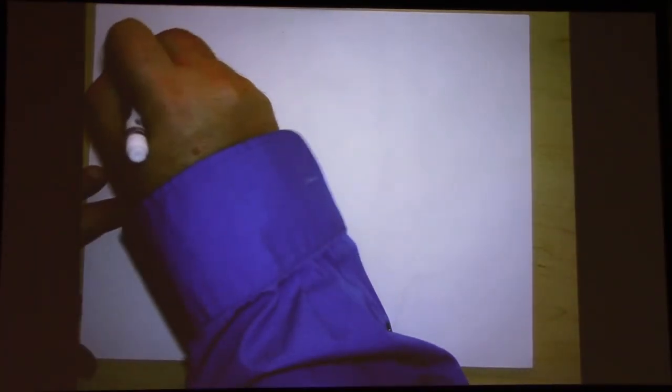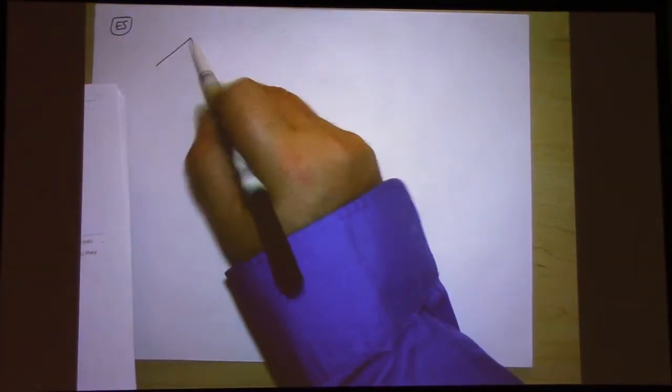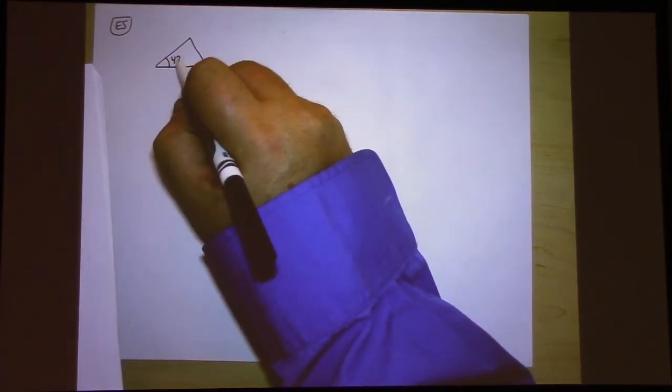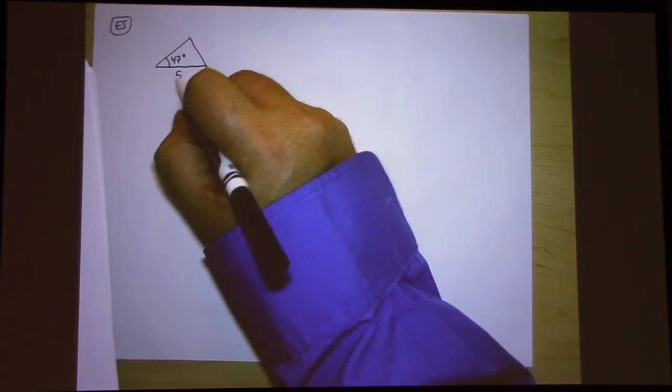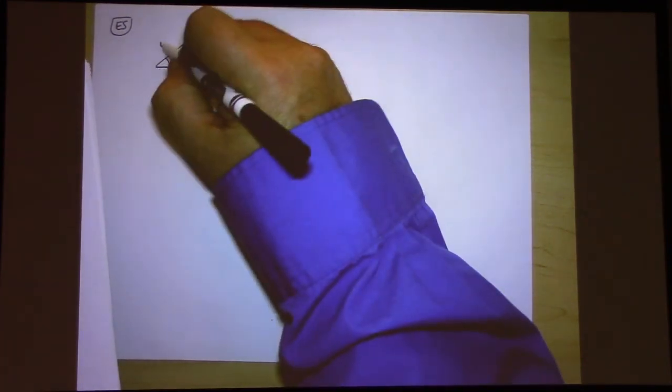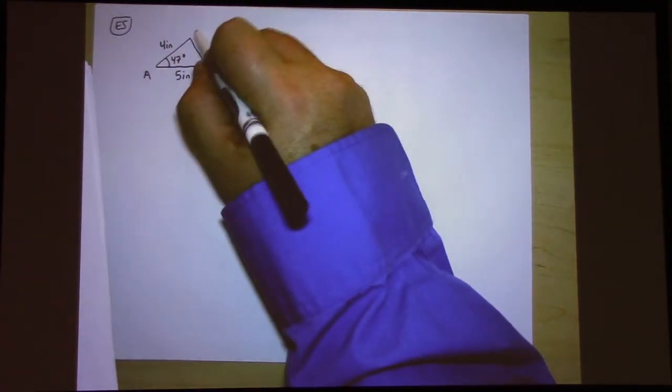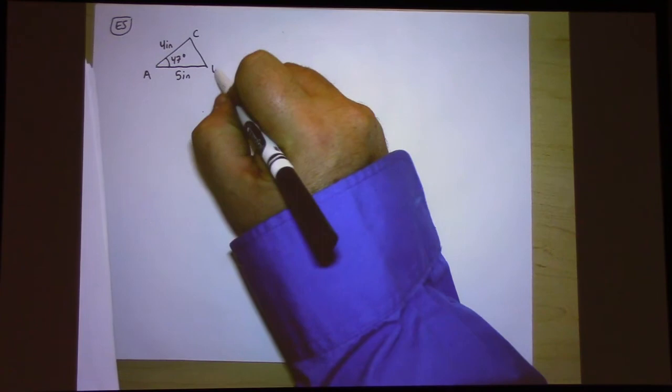All right, example, where are we? Example 5. Here we're given two triangles, all right? So I'm going to freehand it here. These pictures, you're not supposed to use the picture how it looks necessarily. In these kind of pictures, the picture may or may not actually be accurate to the actual lengths given.